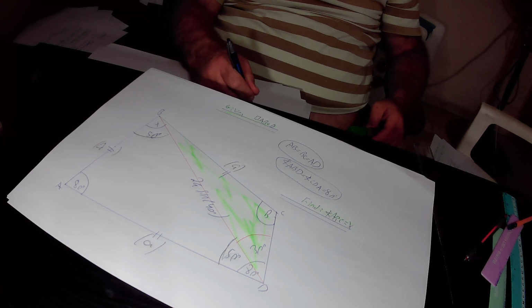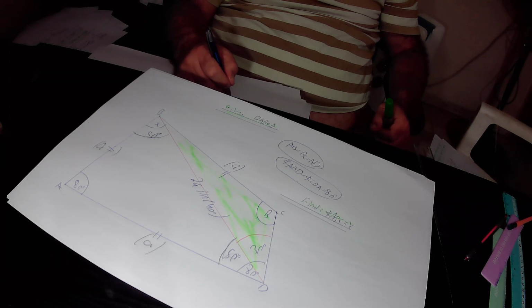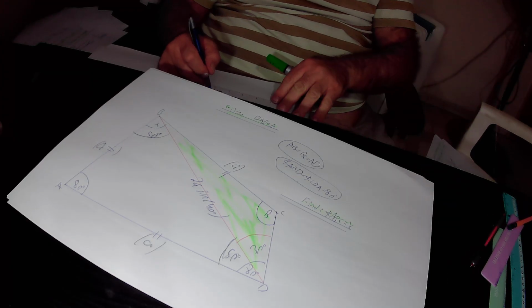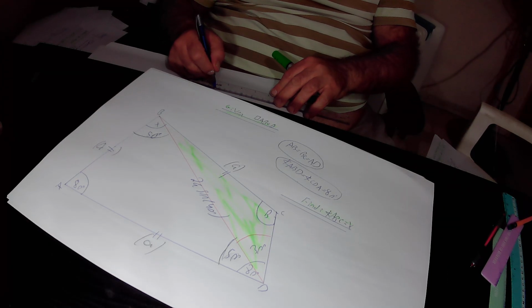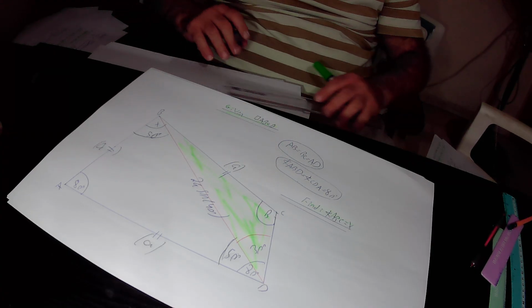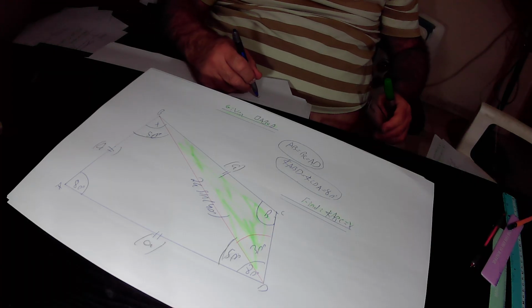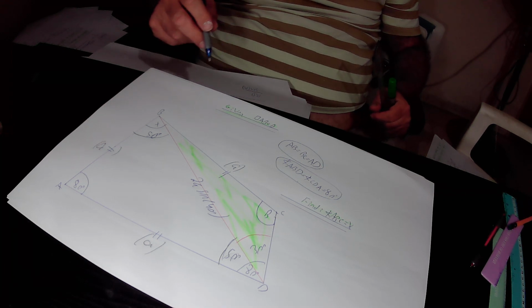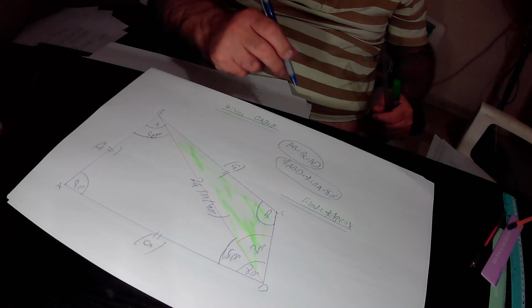So, in triangle BCD, according to the law of sines, the following equation is true: BD over sine beta equals BC over sine 30 degrees.